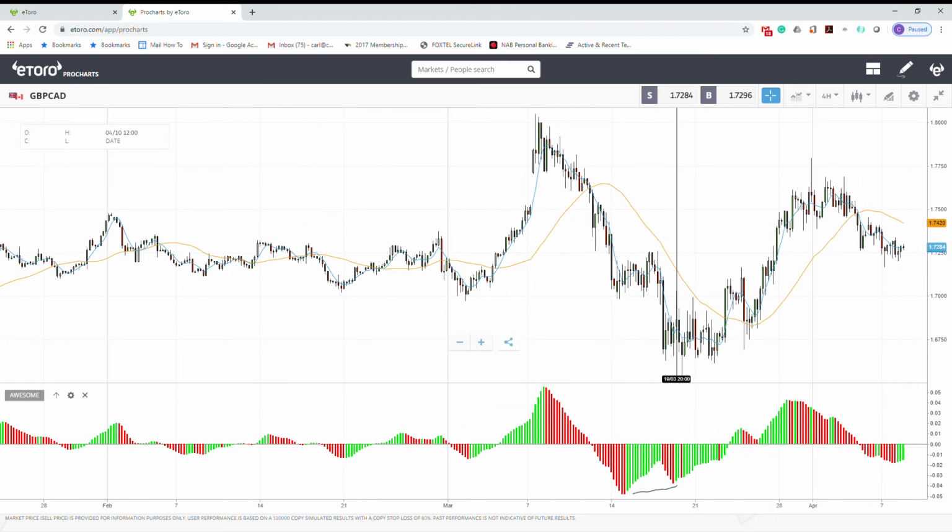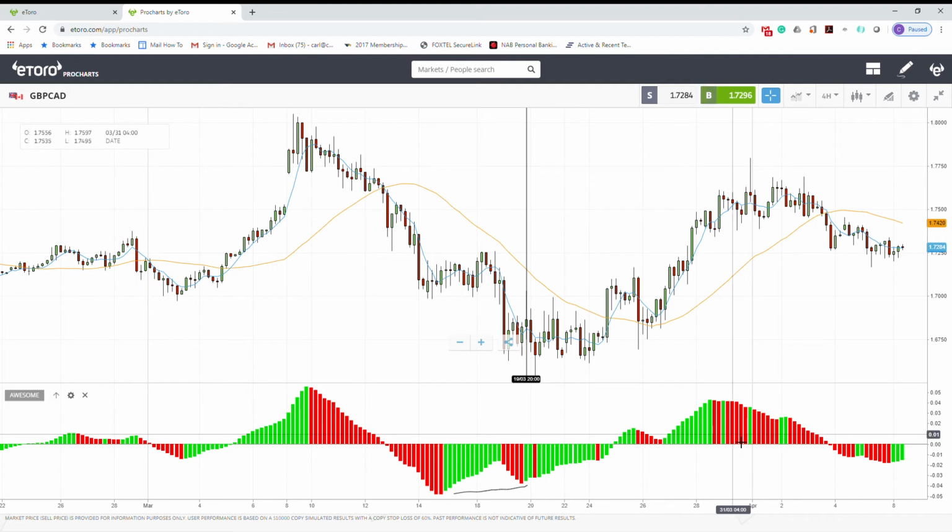There are some other signals that people talk about, like the saucer. When you have one opposite column bar between the other color ones, it means that it's shaping the saucer. Normally the saucer signal is generated when the bar chart reverses its direction from downtrend to uptrend.